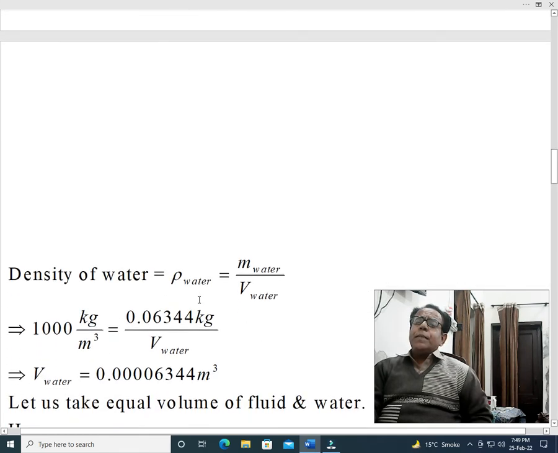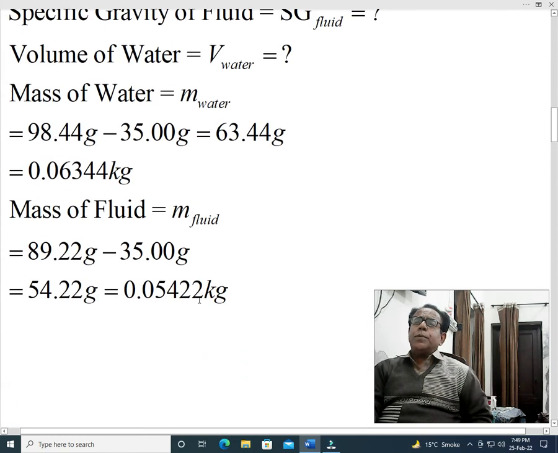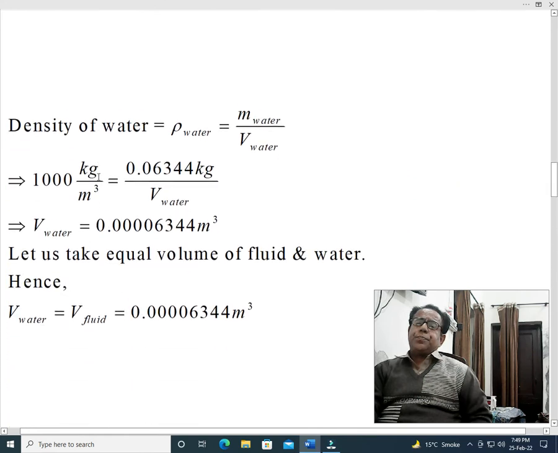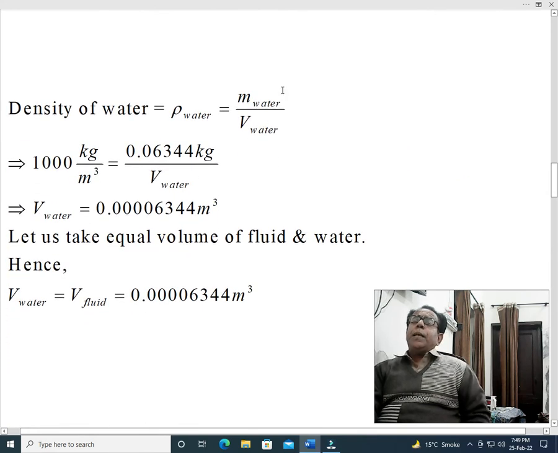Mass of water is equal to 0.06344 kg. Mass of water over volume of water.